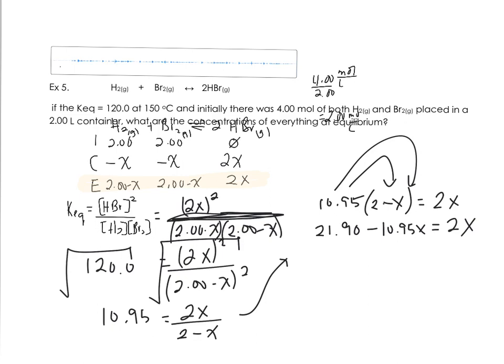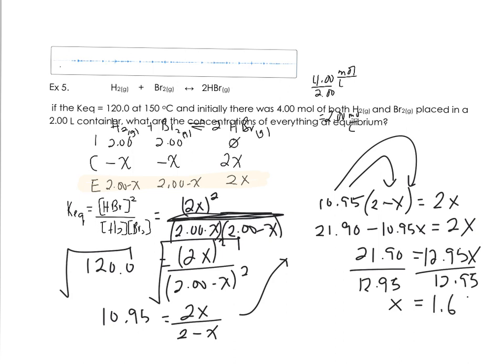Move our x's to the same side, so 21.90, add 10.95x to the right-hand side, so we get 12.95x. Divide both sides by 12.95, and we have our x. So our x value is equal to 1.69 moles per liter. We're not finished yet because the question asked for what were the concentrations at equilibrium.